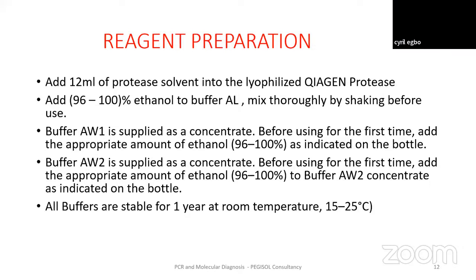First, you need to add 12 ml of protease solvent into the lyophilized Qiagen protease or proteinase K. Then you add absolute ethanol to buffer AL. You will see these reagents I'm talking about. If you are using this Qiagen product, all of them come in a pack. You mix thoroughly by shaking.